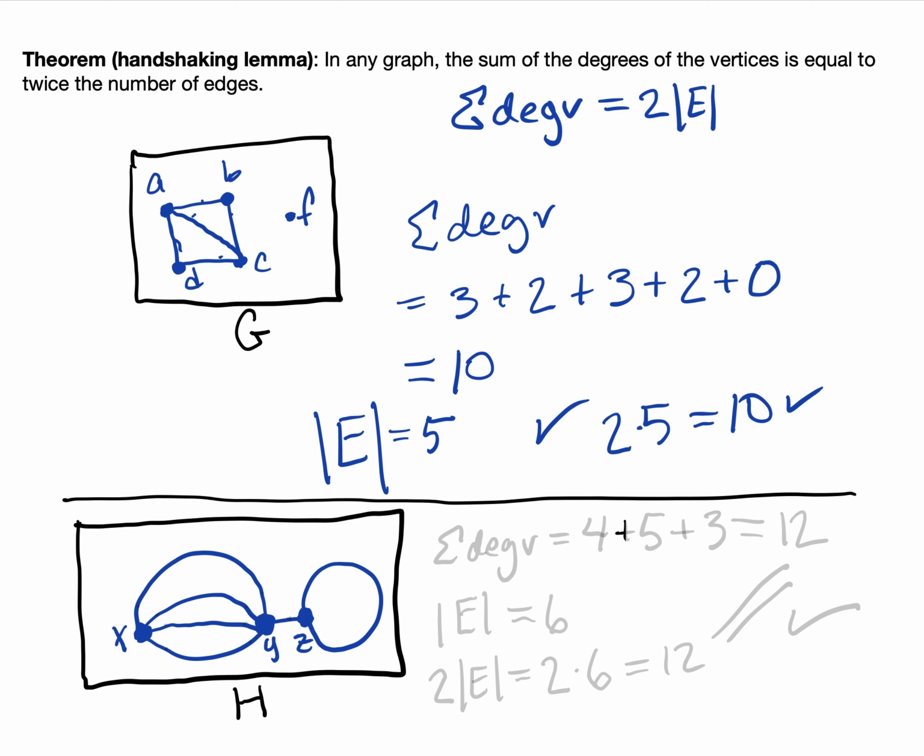Let's check this out with the graph H. So in H, the sum of the degrees of the vertices is the degree of x, that's 1, 2, 3, 4, plus the degree of y, that's 1, 2, 3, 4, 5, plus the degree of z, so that's 1, and then remember a loop contributes 2 to the degree, so 1 plus 2 is 3. So the sum of the degrees is 12.